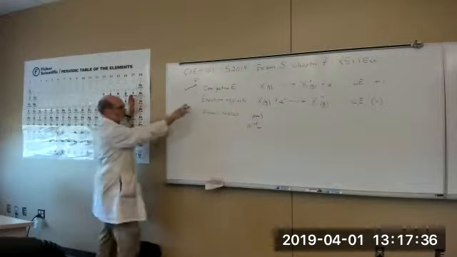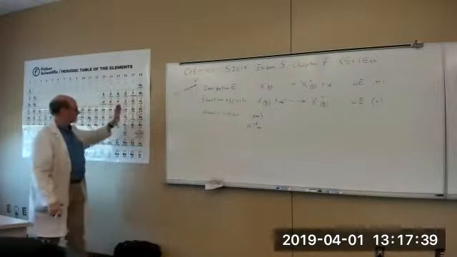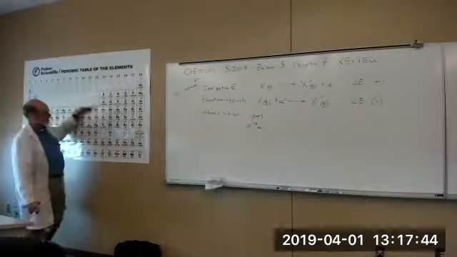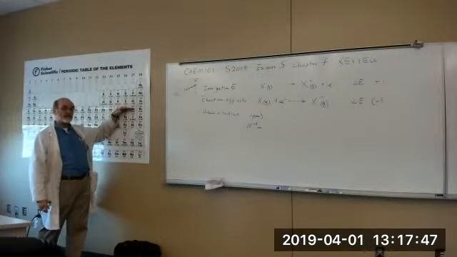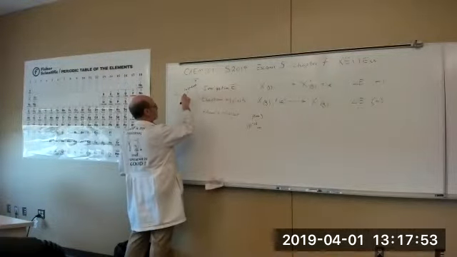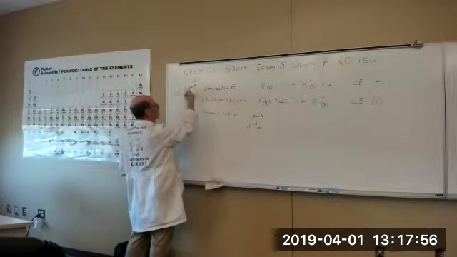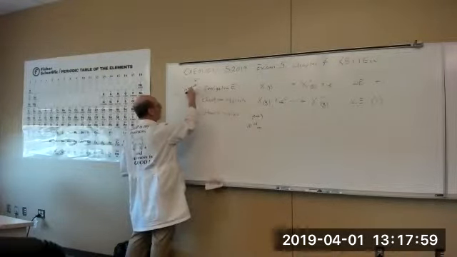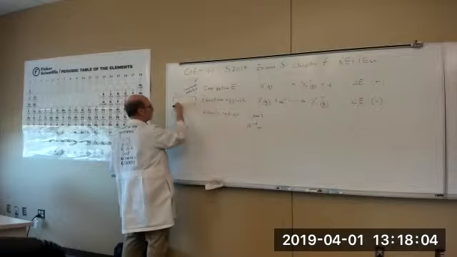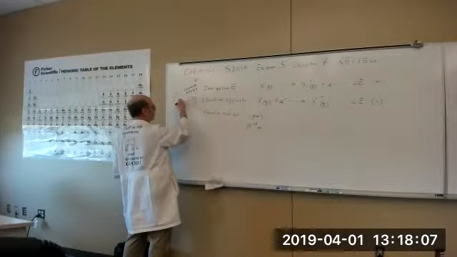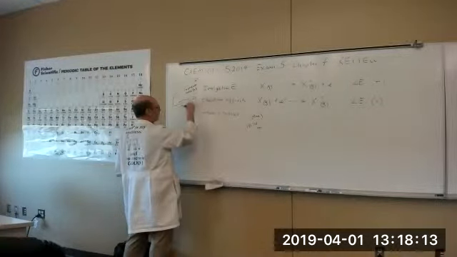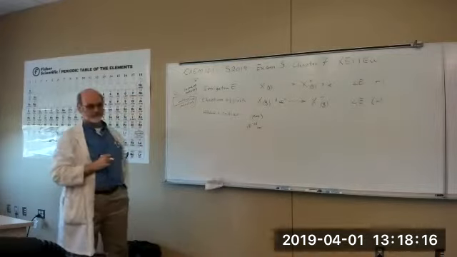For periods, from left to right, the affinity increases, which means the number becomes more negative. So let me be consistent here. If the ionization energy increases, that becomes more positive. Whereas electron affinity, you get a similar trend. You increase the affinity, but that means the number becomes more negative. Okay?